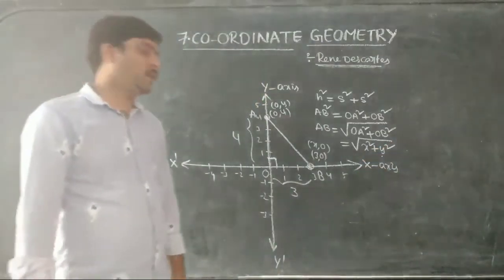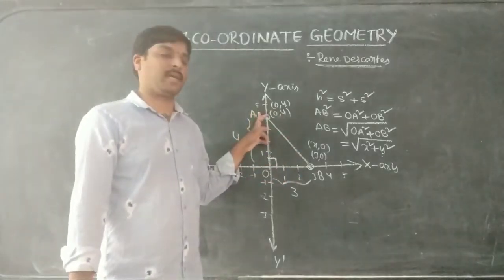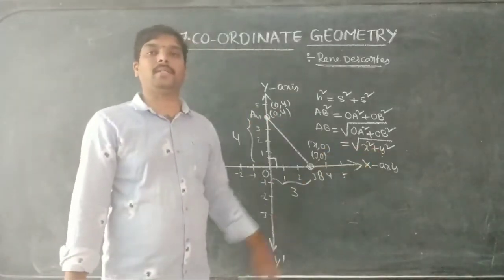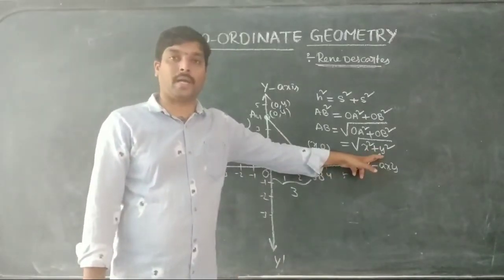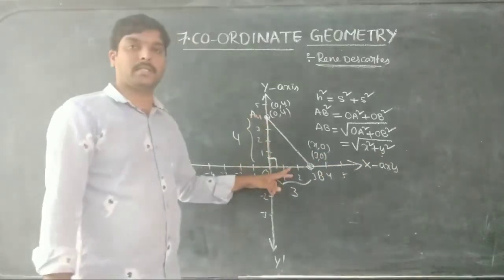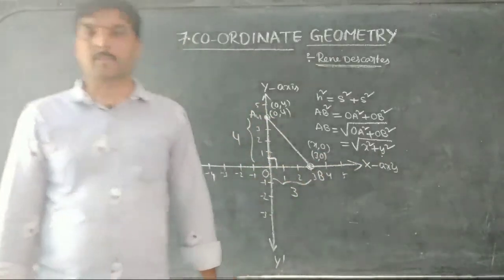The distance between 2 points, one on the x-axis and one on the y-axis, is root x square plus y square. This is the formula to find the distance between 2 points when one is on the x-axis and one is on the y-axis.